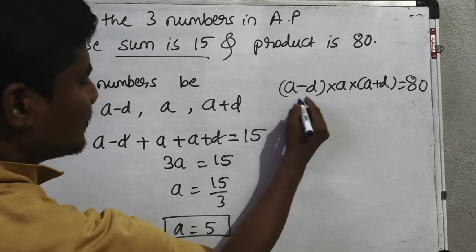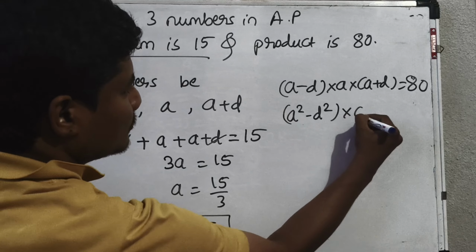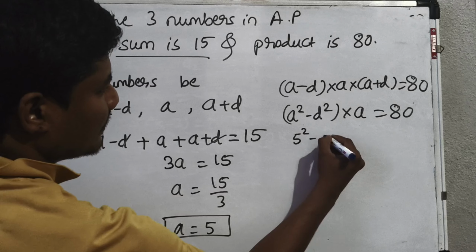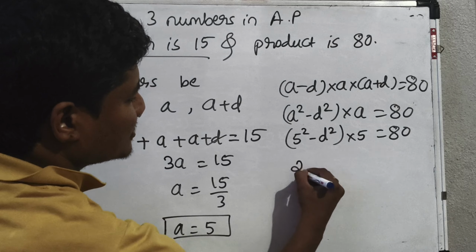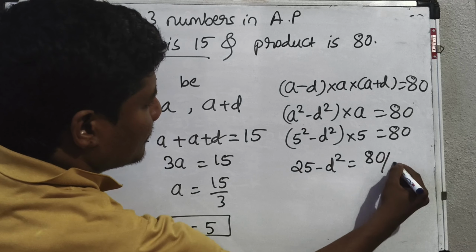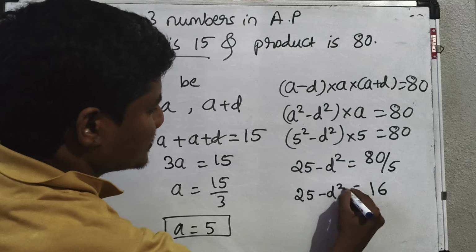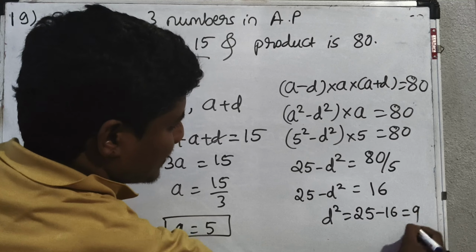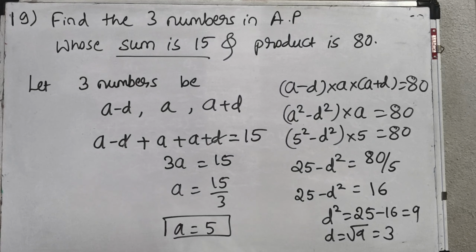Put the value for a as 5. (a plus d) into (a minus d) is a square minus d square, and a is equal to 5. 5 into (25 minus d square) is equal to 80, so 25 minus d square is equal to 80 by 5, which is 16. I'll bring d square to this side, and 25 minus 16 is equal to 9, so d is root 9. Therefore, the common difference is 3.